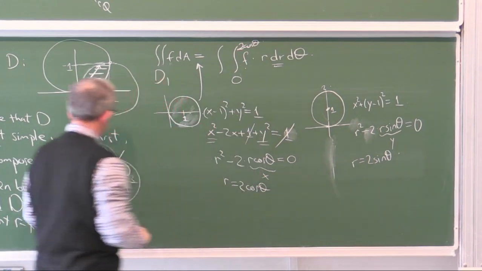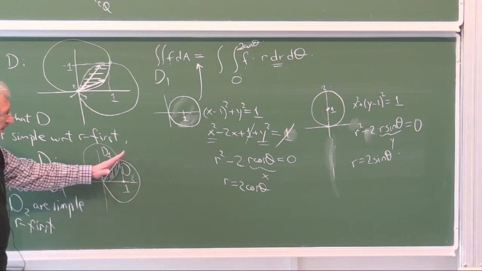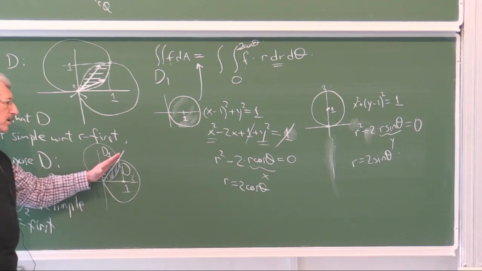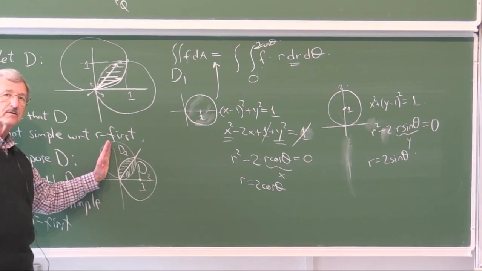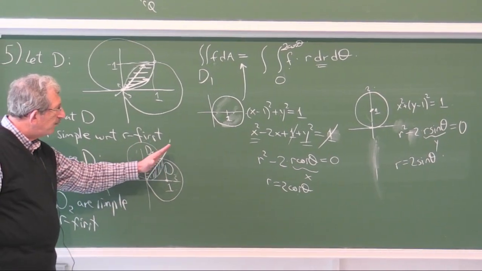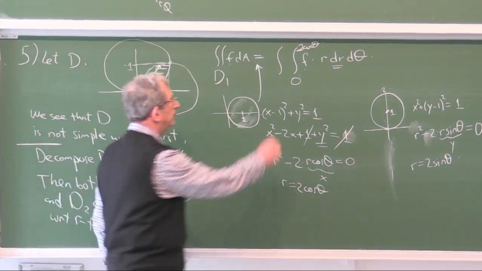And theta changed, in D1, of course, it starts from this diagonal, x equals y, and goes up to the y-axis. Well, in polar language, it means from pi over 4 up to pi over 2.